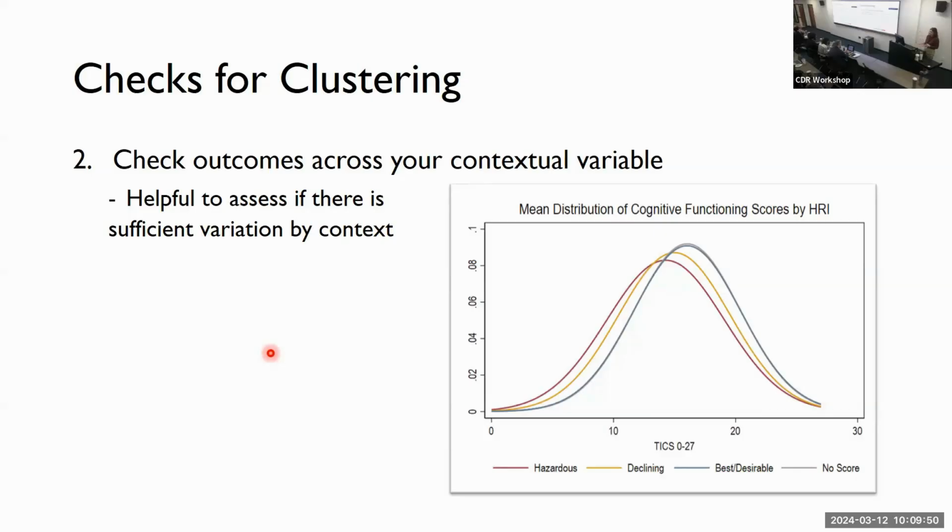And so it's helpful to know if you even have variation from the onset of your contextual variable across your outcome. And so you can create, obviously, more graphs. The code for this is similar to the code that Nunyan presented, and this is showing us the mean distribution of cognitive functioning scores by that historic redlining indicator of census tracts.